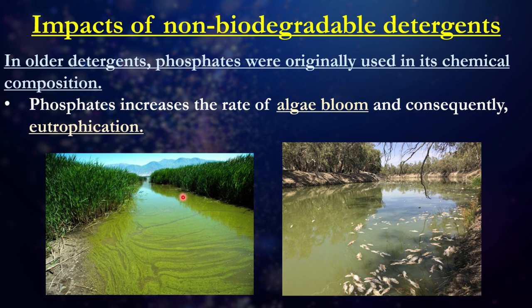And what happens as a consequence of an algae bloom, as they grow, they take in oxygen. So they take oxygen from the water or from whatever river system they're in, and by taking away the oxygen in the waterways, it causes the fish or any marine life in those waterways to essentially suffocate.